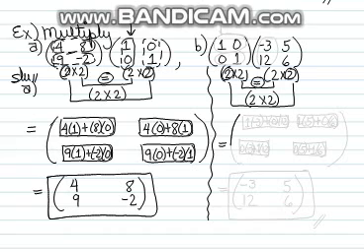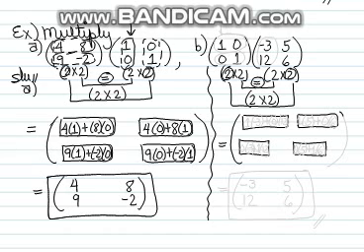Okay, so let's get ready for it. Let's have our upper left, upper right, lower left, lower right. Let's fill that in. Going across the first row, the first row with the first column. That's how we start. And we go 1 times negative 3 plus 0 times 12.